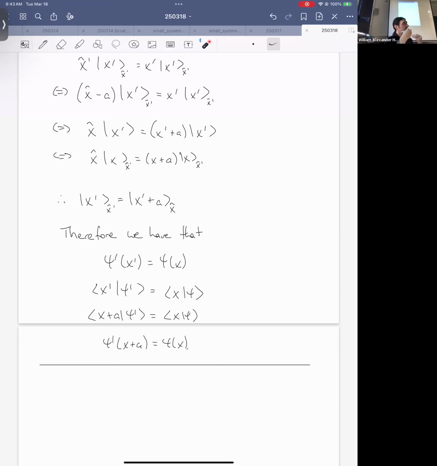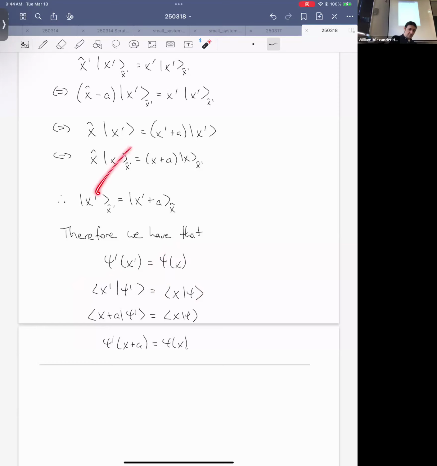So those are the key messages, where what should have been nicely straightforward was that our psi prime of x prime equals psi of x. So this is what we have in a passive transformation, and it comes through in a natural way in the quantum mechanical setting. The psi prime of x prime is the inner product of x prime with psi prime, and the psi of x is the inner product of x with psi.